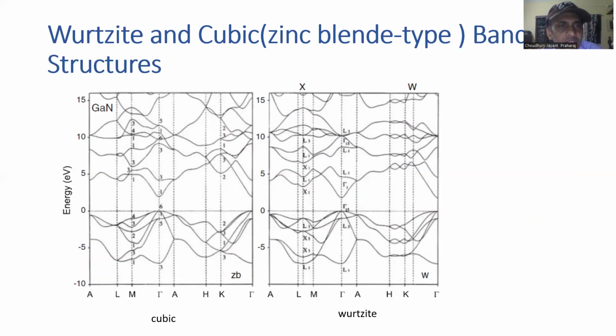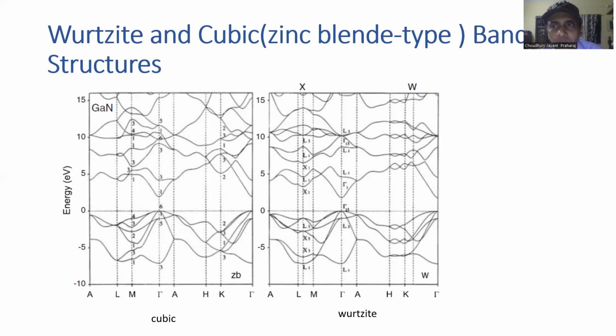In this slide, we show a comparison between the wurtzite and cubic or zinc blende forms. The group 3 nitride semiconductors are found in both the wurtzite or hexagonal crystal structure form, and also the cubic form. However, the wurtzite form is the thermodynamically more stable form and is the easiest to grow scientifically and technologically.